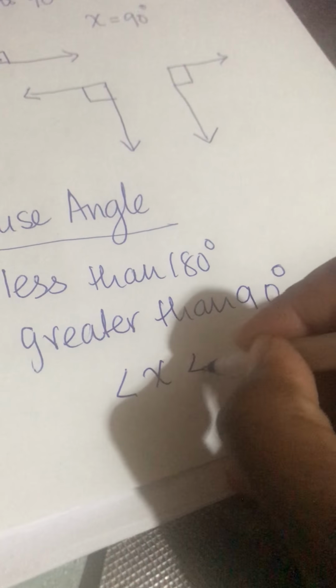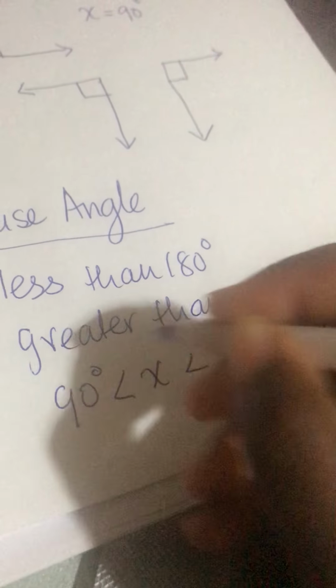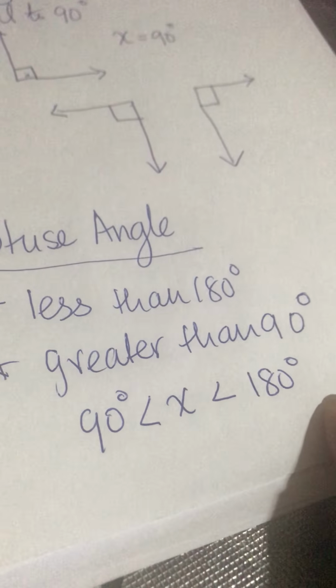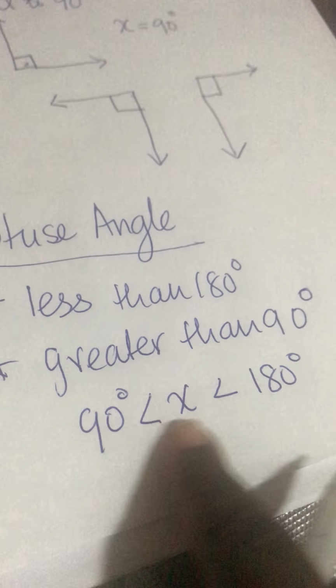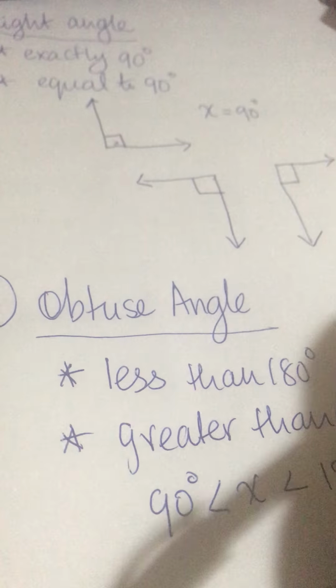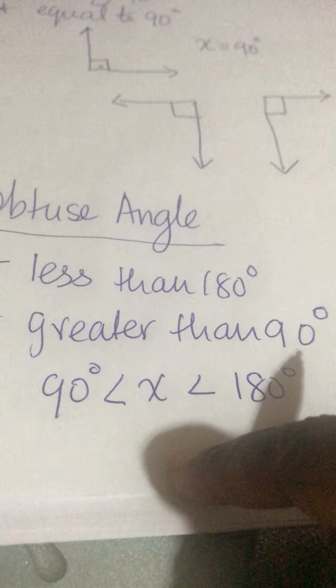X, 180 degrees, 90 degrees. That's how you write it. This angle here that is between 90 and 180 is called obtuse angle. Okay?